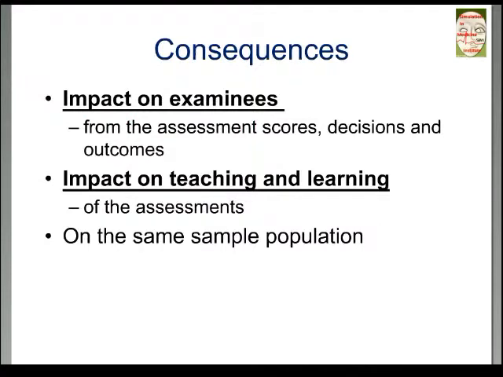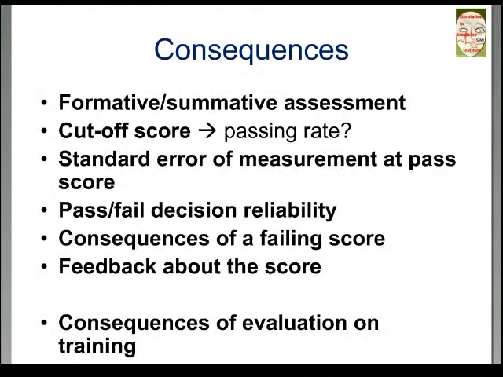Finally, the last step of the validation process is consequences. It is a description of the consequences on examinees as well as those on teaching and learning. It includes several questions that require answers. Is the evaluation to be performed during a formative or summative assessment?